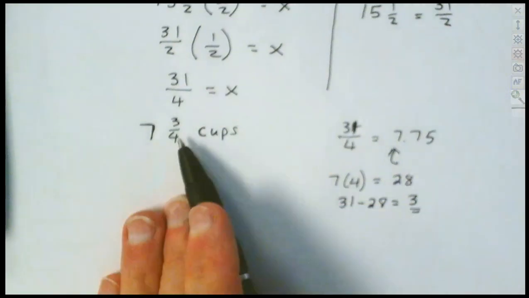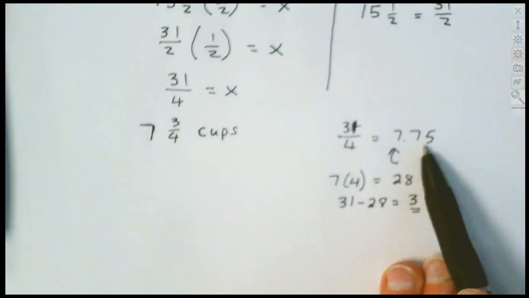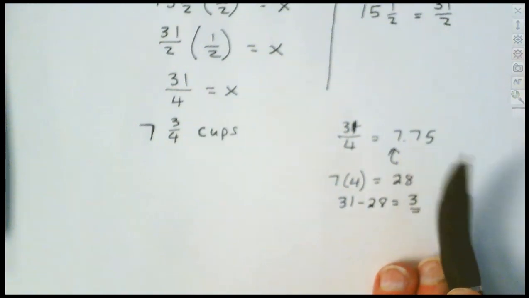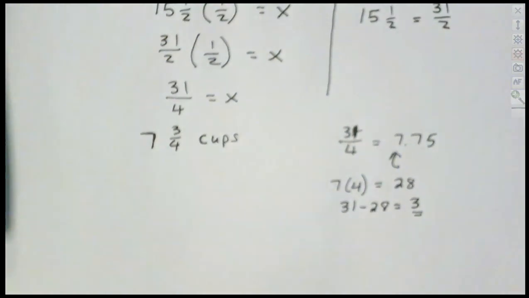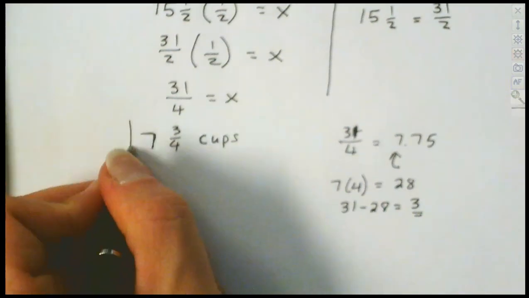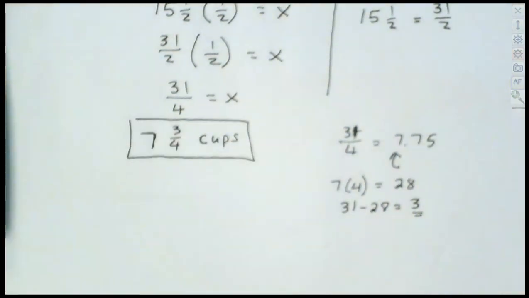So that's where that came from. Or you can just remember that 0.75 is 3/4, either one. That's a common one, so you can also remember it that way. So we would need then 7 and 3/4 cups of cleaning fluid.